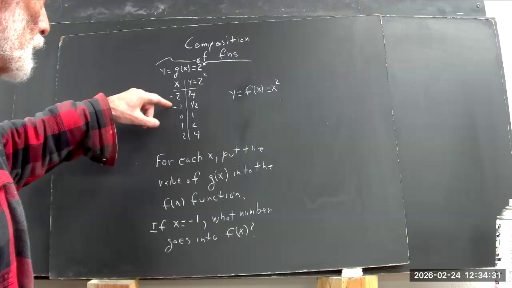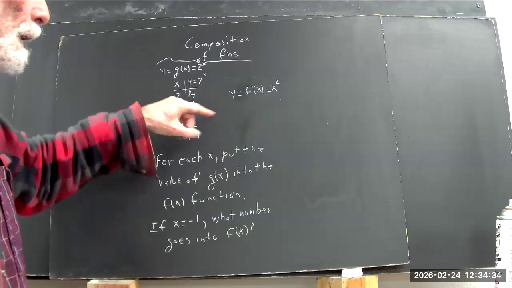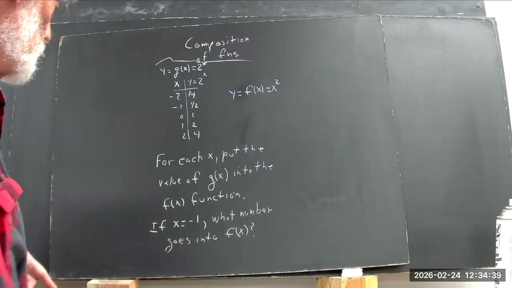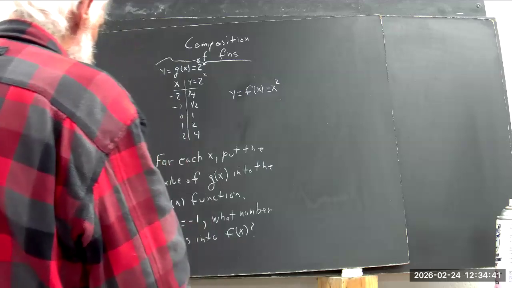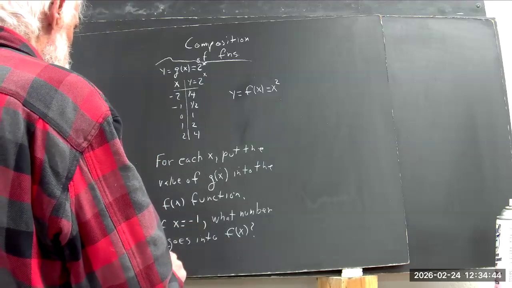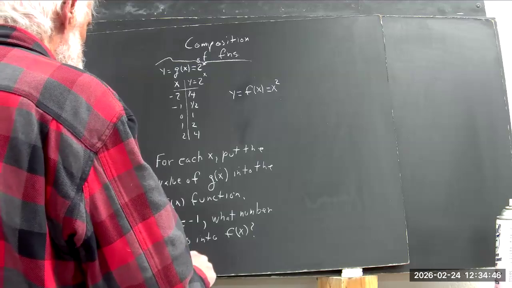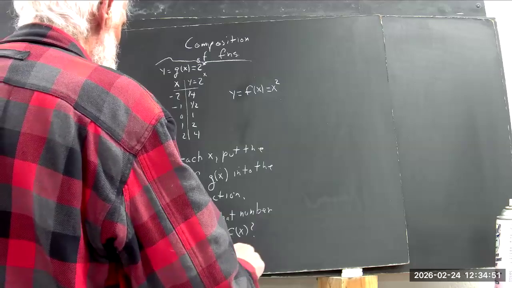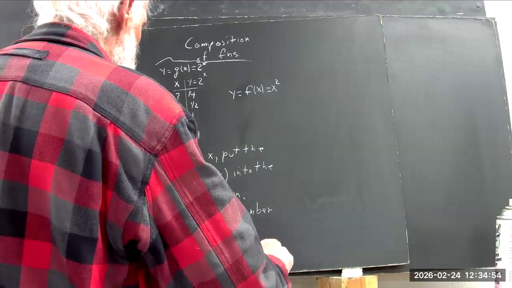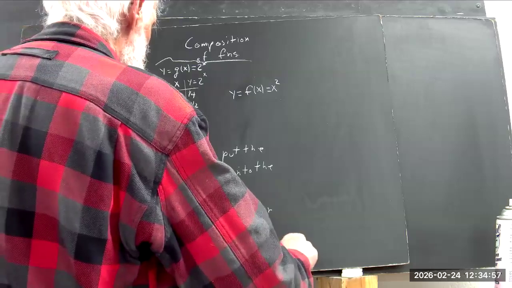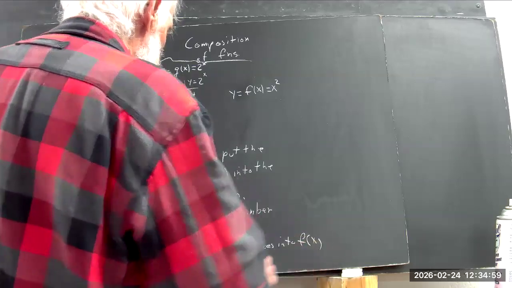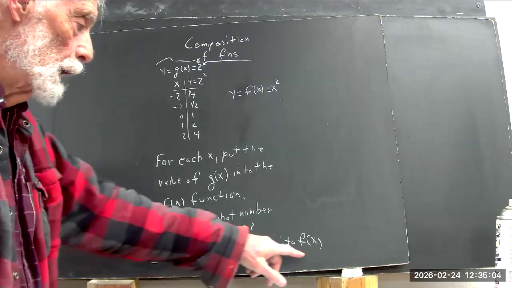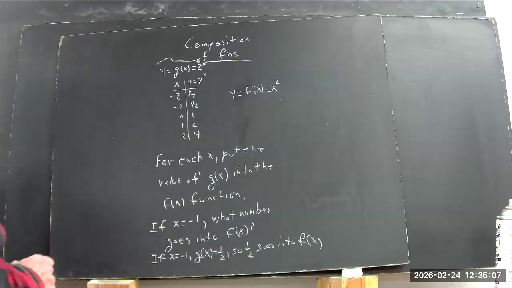If x is -1, g of x is 1/2. So 1/2 is what goes into f of x.